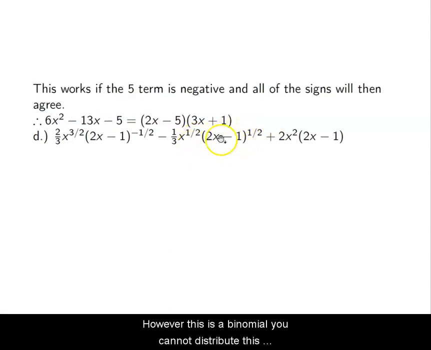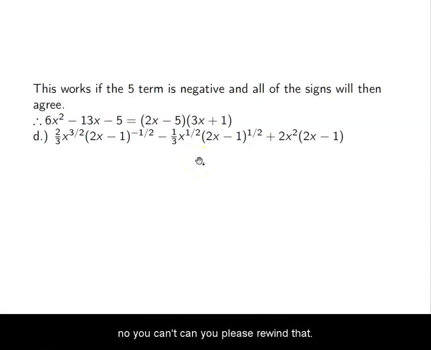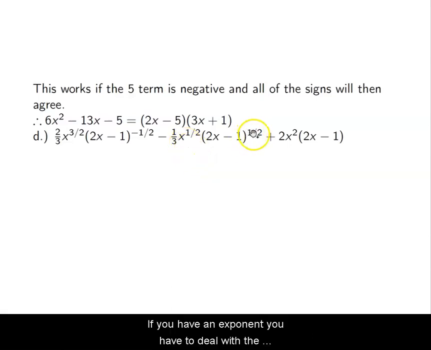However, this is a binomial. You cannot distribute this power across your binomial, even if it does have the same power. It doesn't work that way. Actually, I think you can if it has the same power, but we're not going to do that. Actually, no, you can't. Apologies. Rewind that. If you have an exponent, you have to deal with the exponent before you can distribute any sort of factor on the outside.